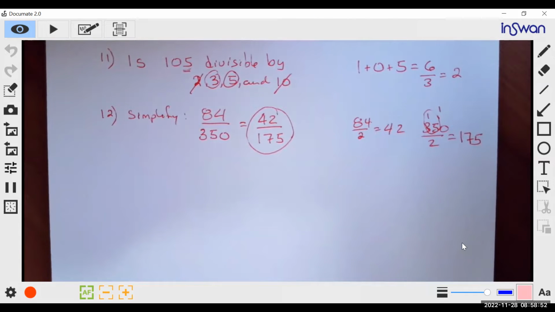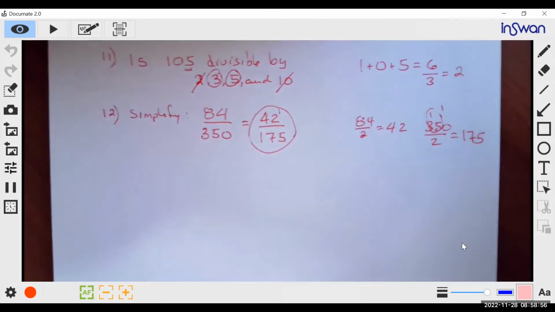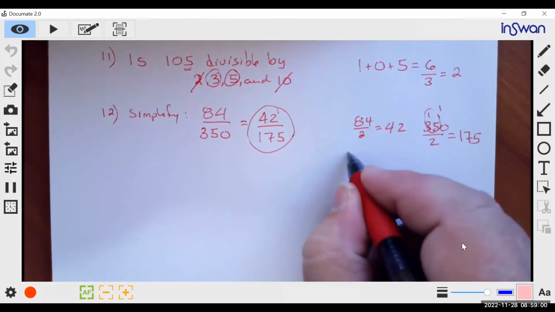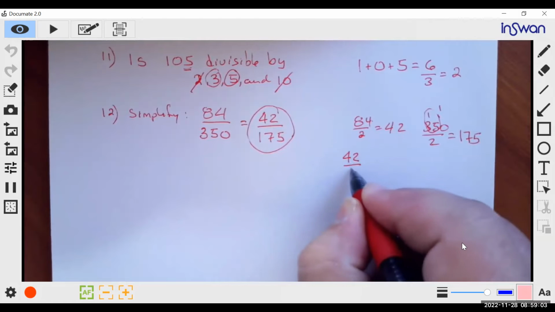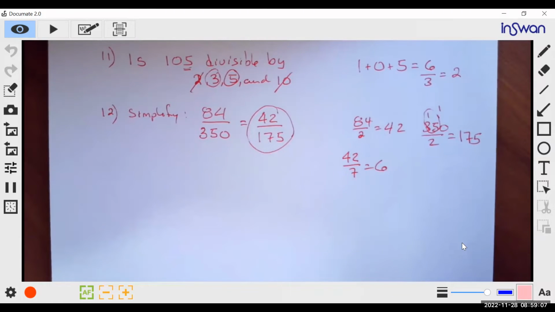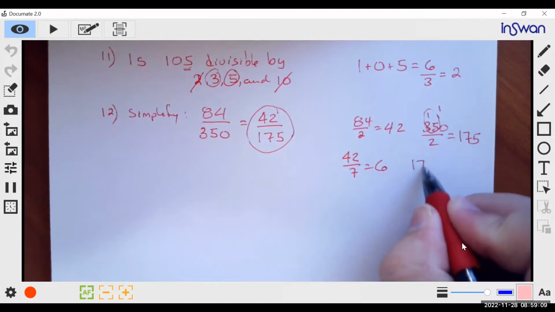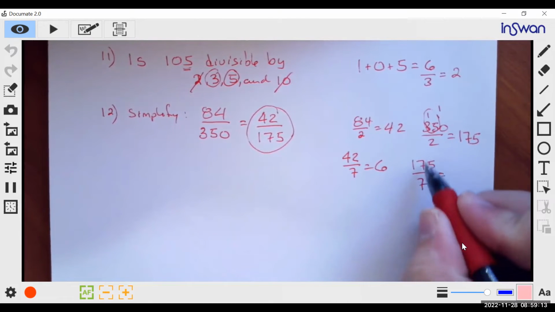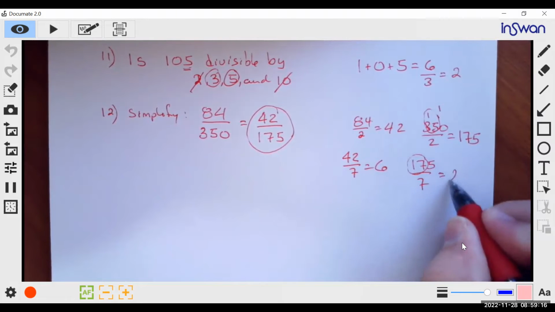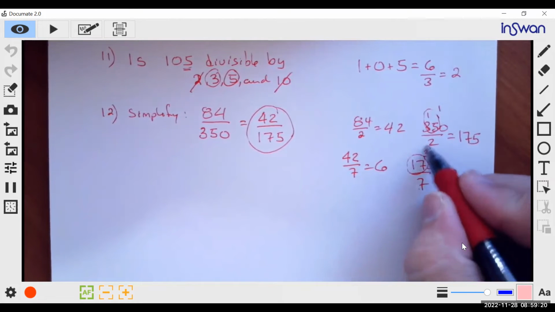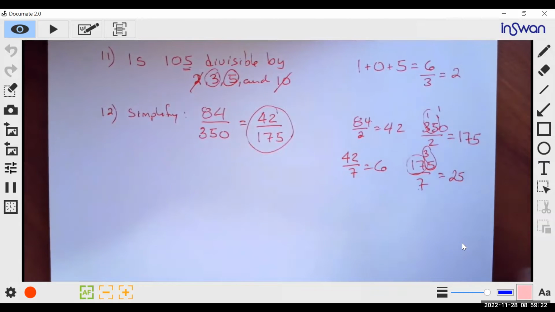Ooh, hold it. Yeah, no, there's something else. The rule for 7. 42 divided by 7 is what? 6. 175 divided by 7. 7 goes into 17 twice, with 3 left over. 7 goes into 35 5 times.